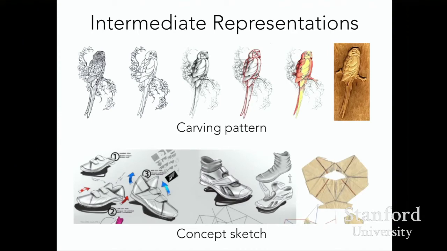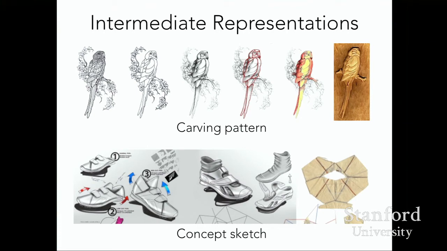There's also, I think, a lot to be gained by thinking about what intermediate representations artists use to create these different types of artwork. So in the case of bas-relief wood carvings, as you can see on the top, oftentimes artists will start with some kind of initial illustration and then simplify it and annotate it in various ways in order to come up with the final design that they then carve into the wood.